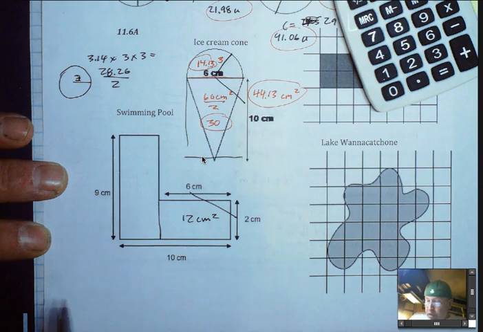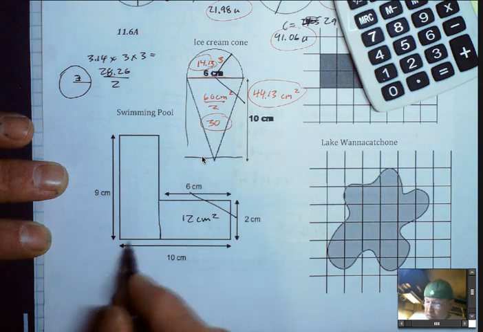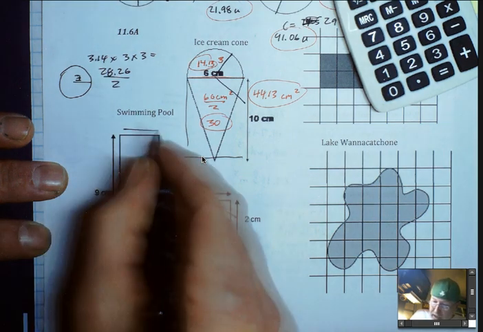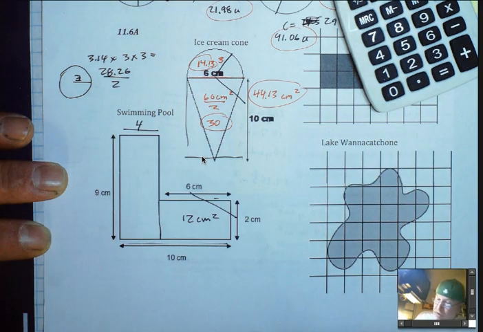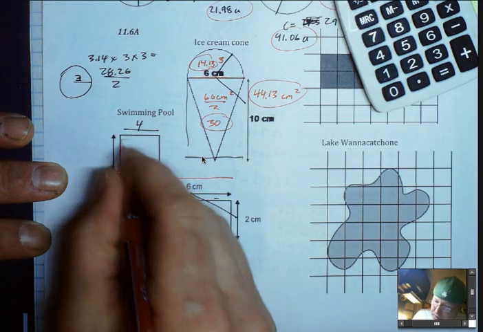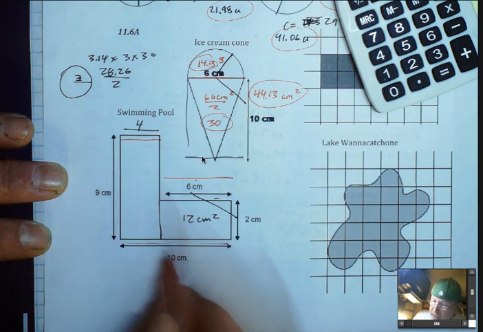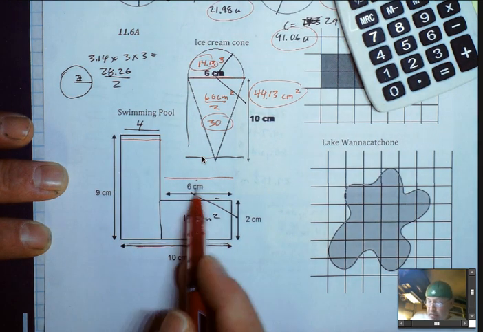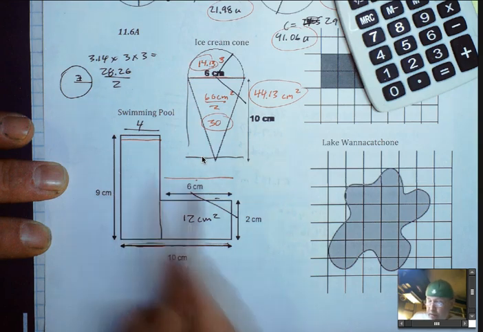This one here is a little bit different. If this measurement is 10 and this is 6, this measurement up here has to be 4. Let me show you how that works. Here's a 6 centimeter line and here's a 4 centimeter line. These two lines together will be equal to this red line down here, 10. So 6 plus something is going to equal 10. 6 plus 4.